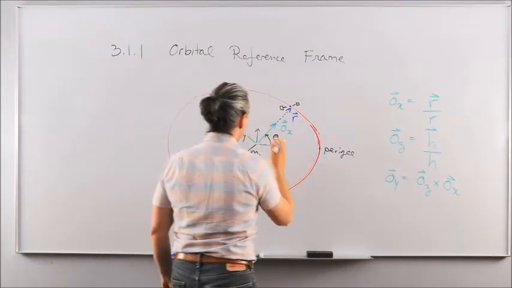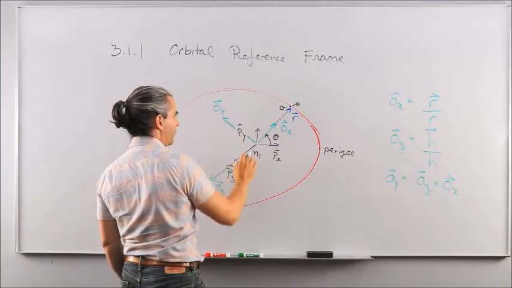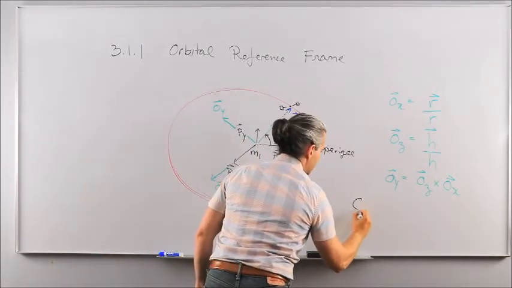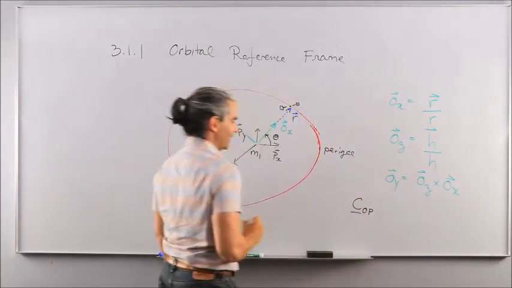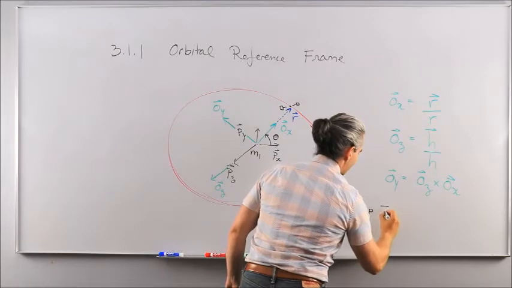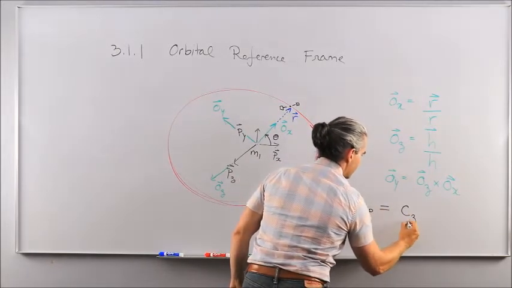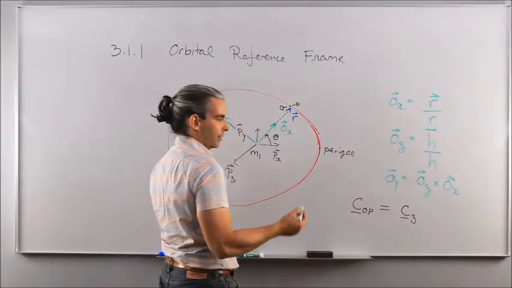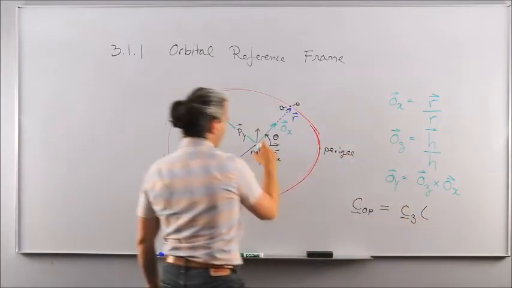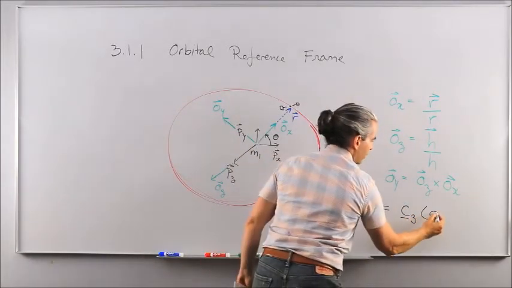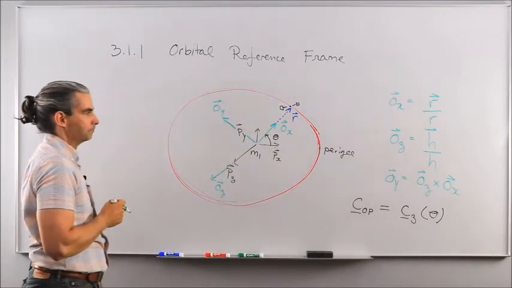So we're going to say that the relationship in terms of rotation matrix between orbital and perifocal, so COP, is actually equal to a principal rotation about the Z direction, C3 or CZ, it's the same thing. Through which angle? Through theta, which is our true anomaly angle like that. Okay?